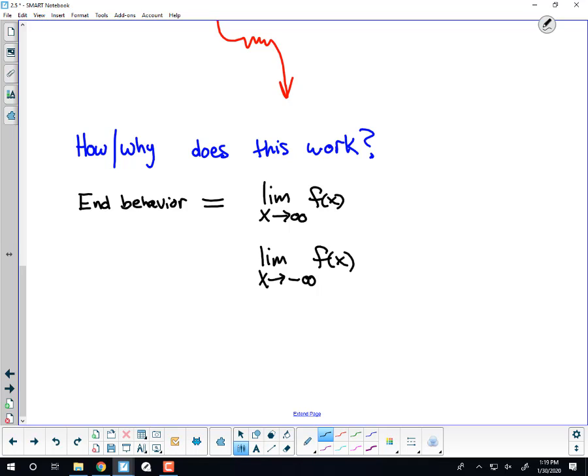So we know when we see a polynomial, what's the end behavior? Let me just look at the degree and the leading coefficient. We're basically asking now, how does that work, or why does it work? Why are we able just to look at that leading term?